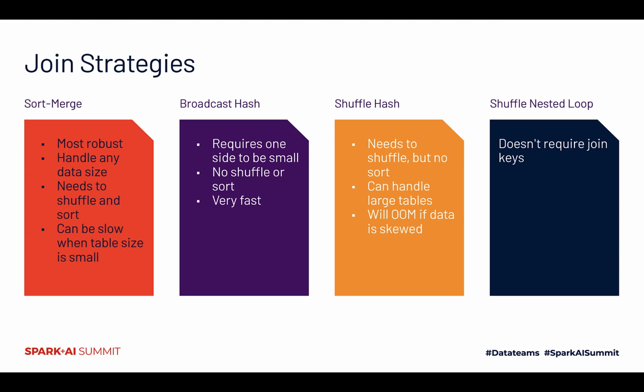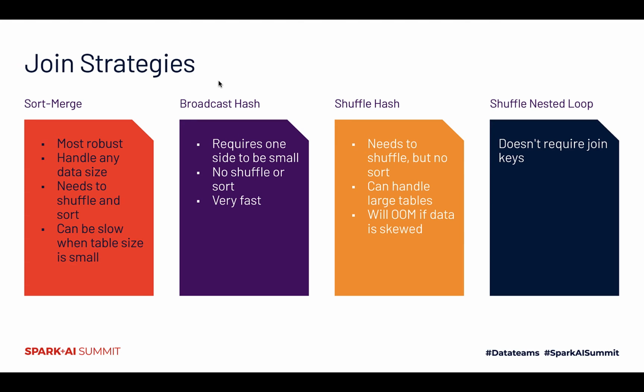This skips the sort step, but has the downside that the hash table has to fit in memory. So if the data is skewed and the shuffle causes the data to be split up in such a way that one partition is too large, you might end up with an out-of-memory error. And this is why Spark 2.x tended to prefer the sort merge join.